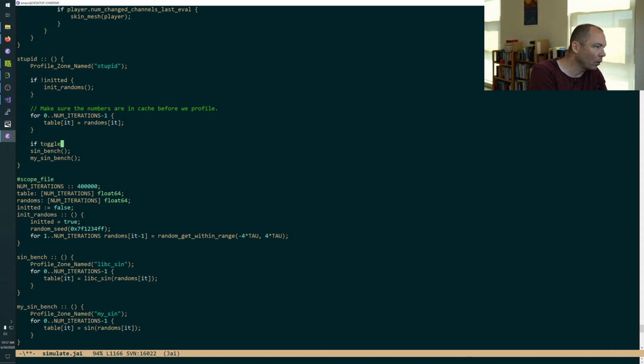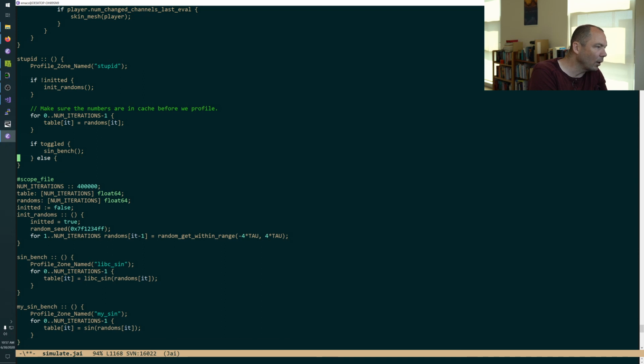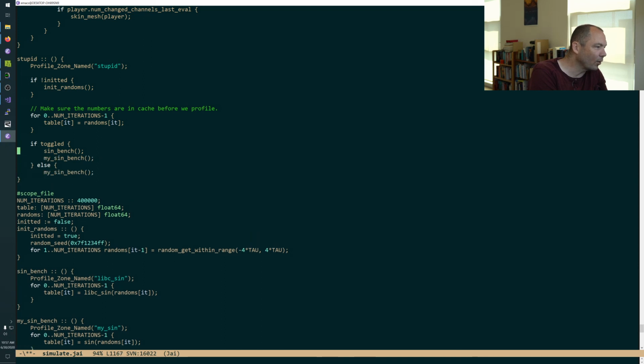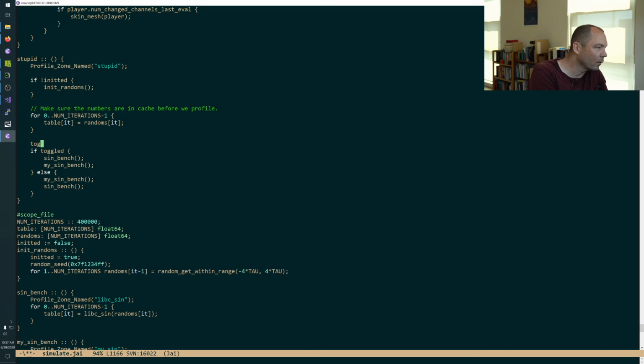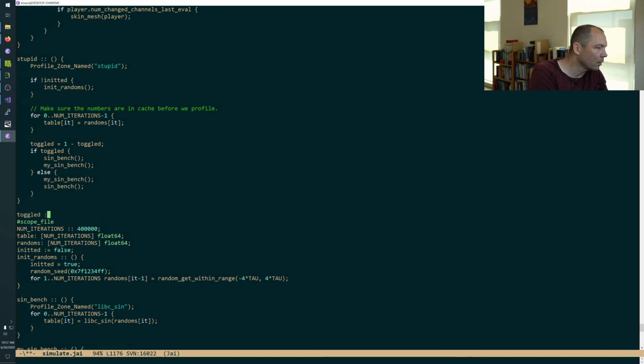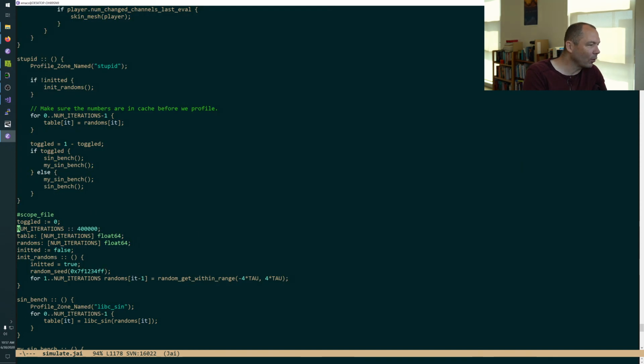So if toggled, else, I mean, I'm a little worried about what this is going to do, but we'll see. Right? I mean, or we could do them just both in a row every frame, right?